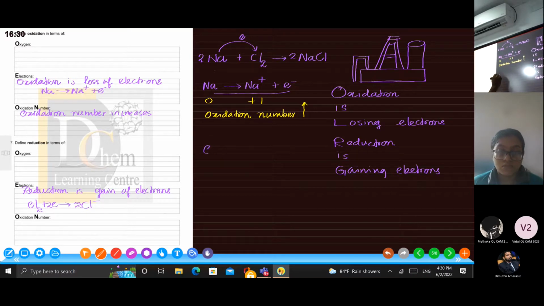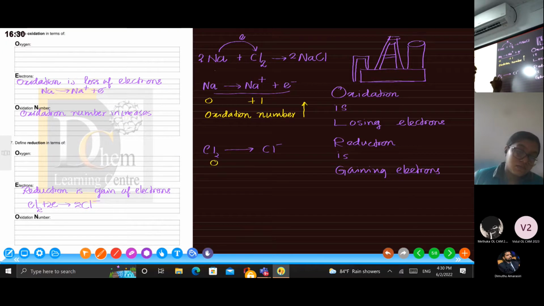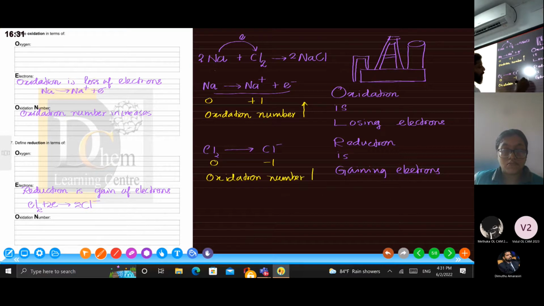And then chlorine is becoming Cl minus from 0. What has happened to the oxidation number? It decreases, to -1. Reduction. The oxidation number has decreased, therefore you call it reduction. So how do we define reduction by oxidation number?